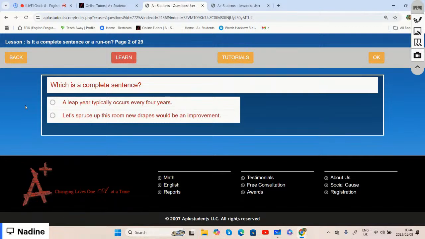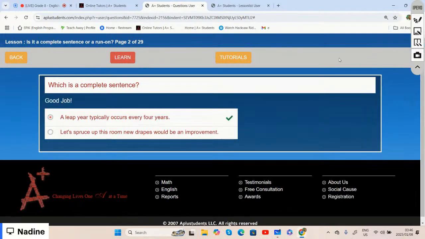Option one or option two. And if we were to choose the correct option, then it is option one. A leap year typically occurs every 4 years.